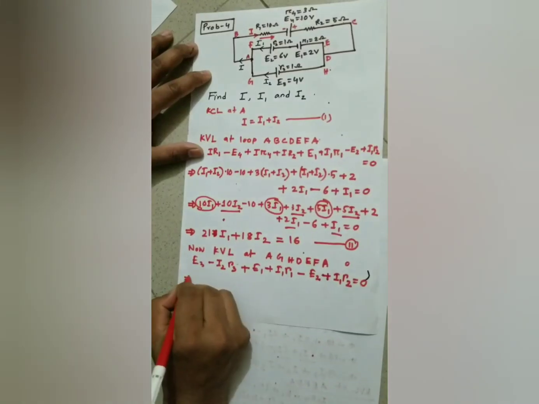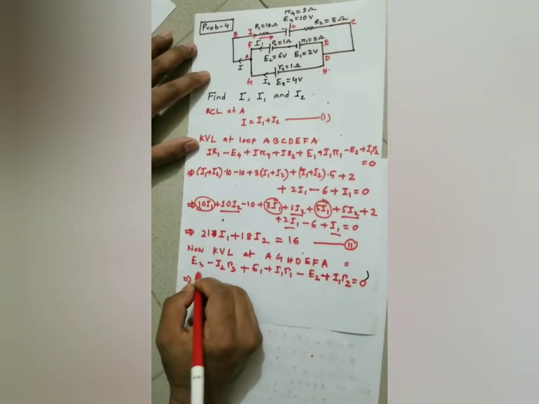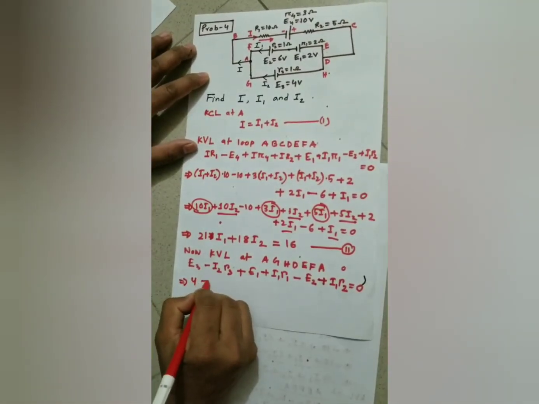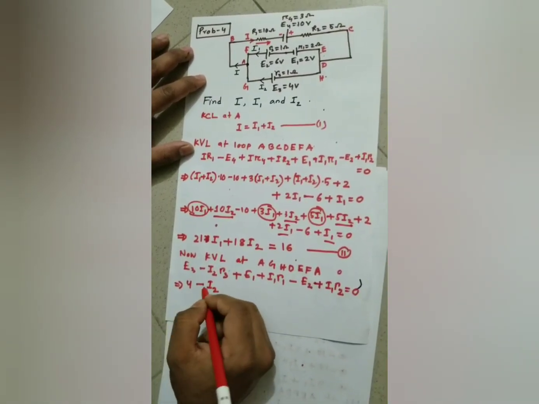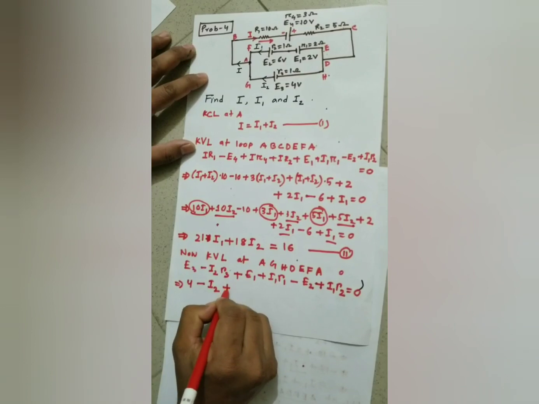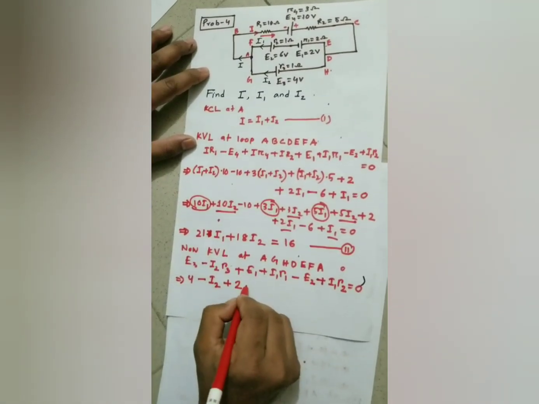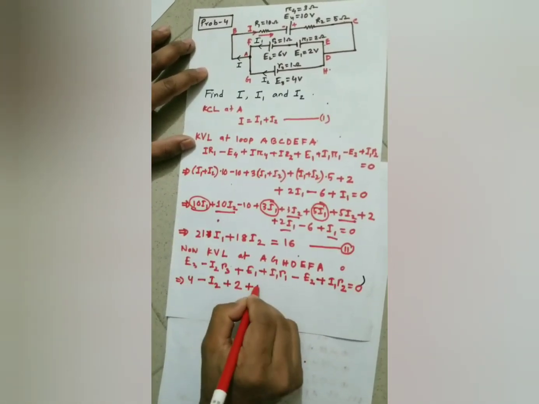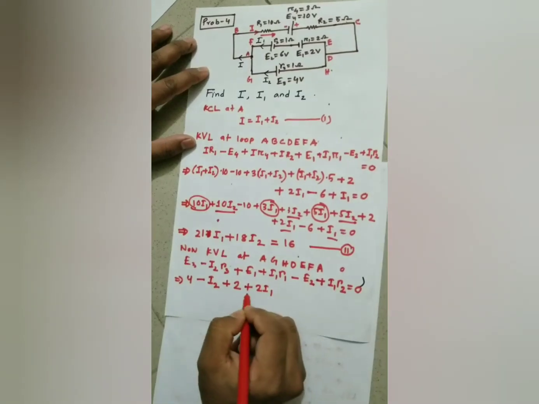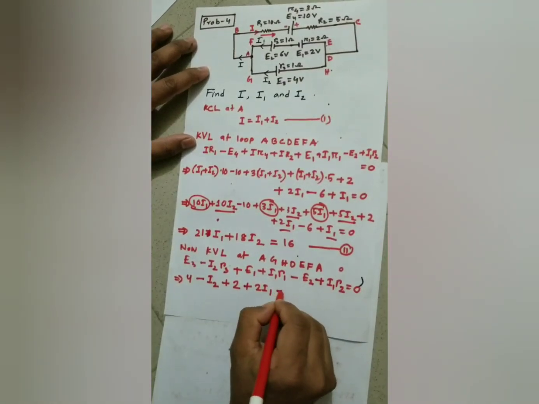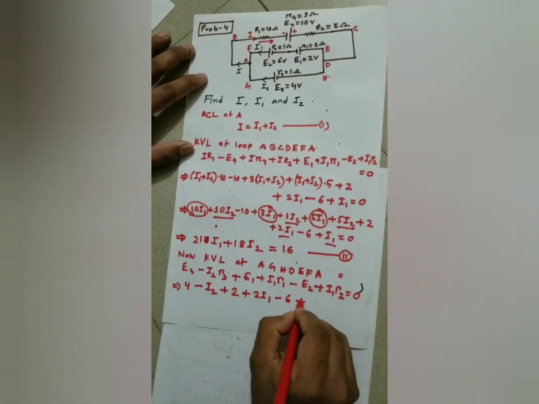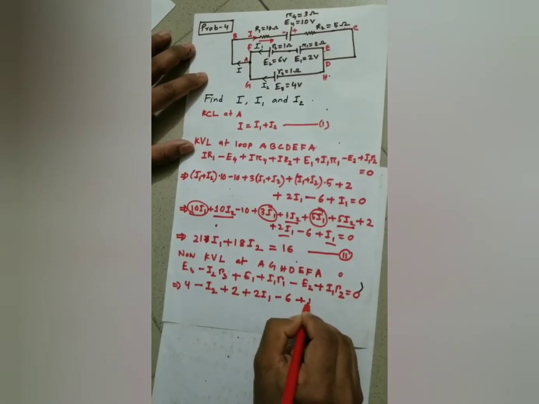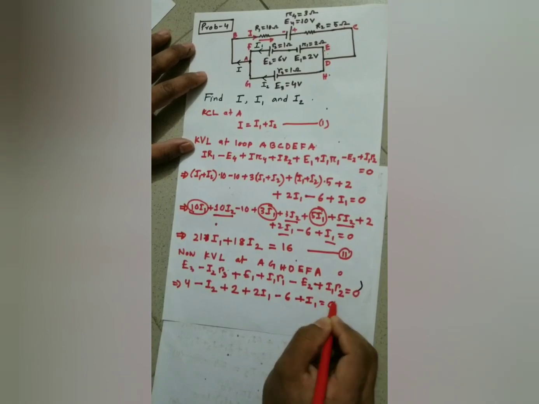So putting the value of resistance and cell, 4 minus I2, then plus 2, then 2I1, then minus 6, then plus I1 equals 0.